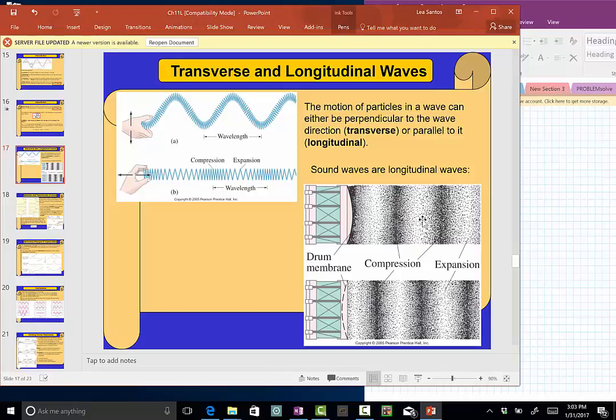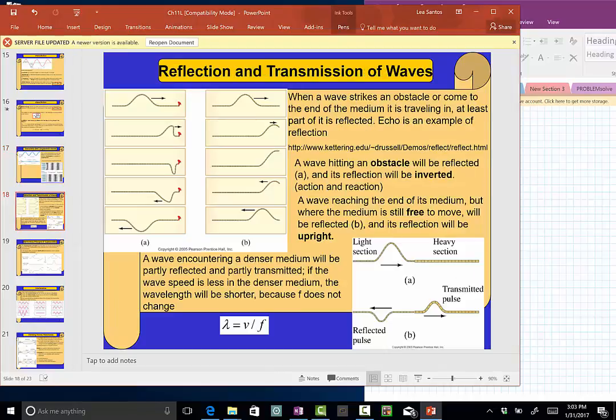All right, so some details about waves. What we are doing here is we have a pulse. We create a pulse, and we want to see what happens to it when it reaches the end of the rope. What is going to happen depends on whether this edge of the rope is fixed, cannot move, or is free to move.